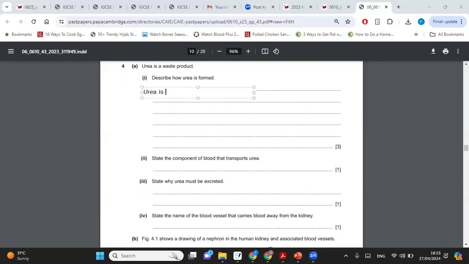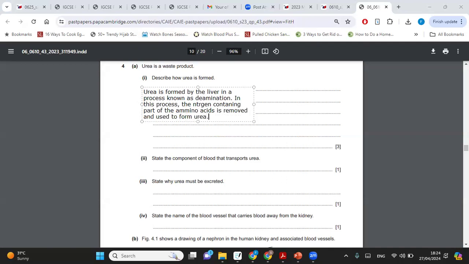Urea is formed by the liver in a process known as deamination. In this process, the nitrogen containing part of the amino acids is removed and used to form urea.